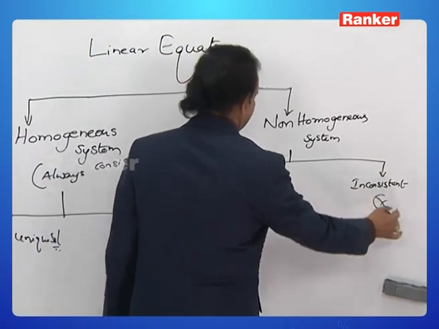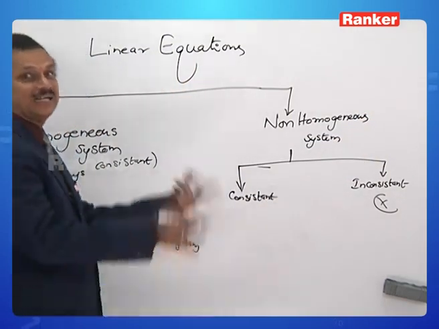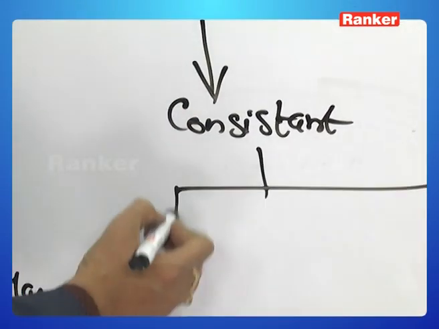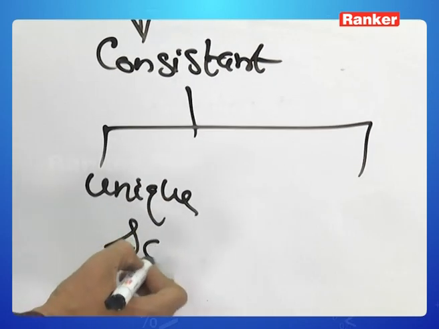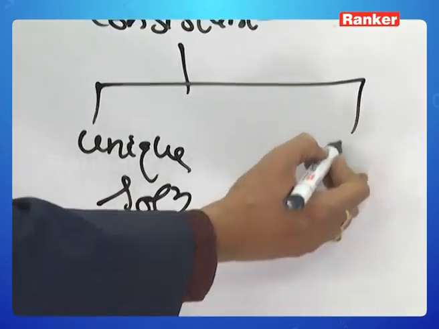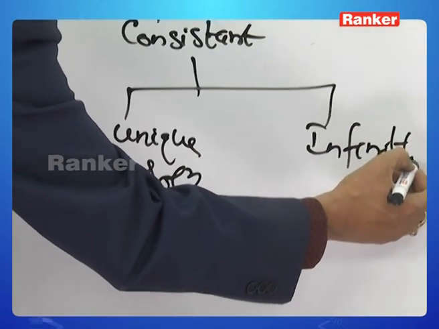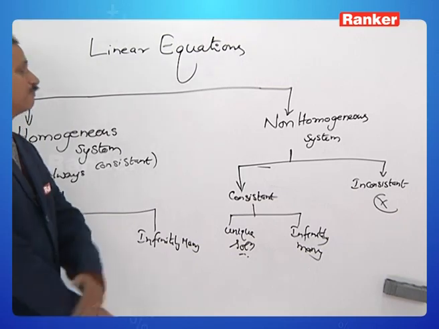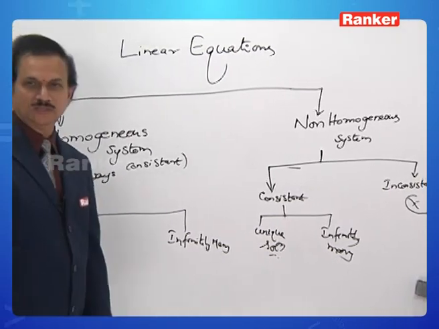You forget this case, you leave it. If at all it is consistent, it has again two cases. What are the two cases? Unique solution, infinitely many solutions. This is the clear-cut picture of the system of equations.